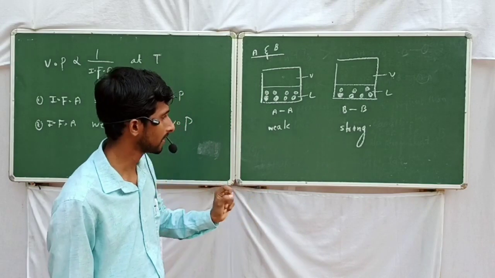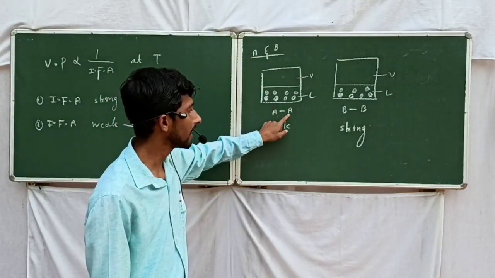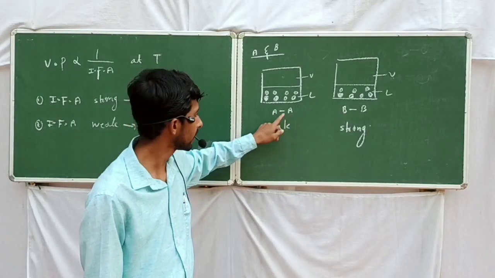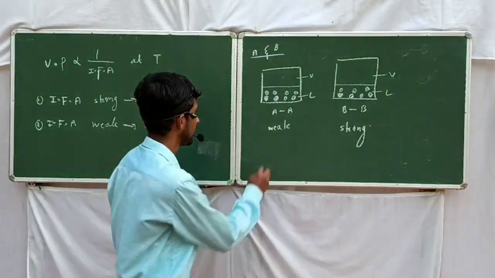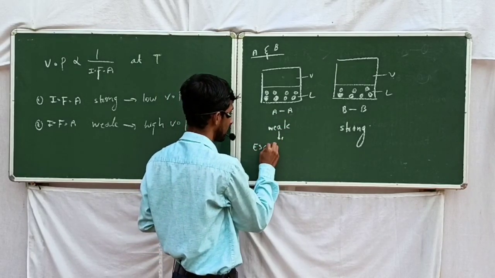That tendency of escaping, that is escaping tendency, totally depends on the intermolecular forces of attraction between the molecules. If intermolecular forces of attraction are weak, then escaping tendency is more.